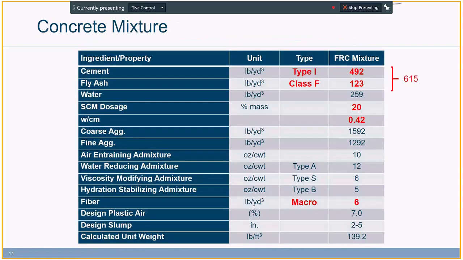This is the concrete mixture design that was used for construction of the FRC ring. The cementitious material content was 650 pounds per cubic yard, 20% of which was Class F fly ash. The design water cement ratio was 0.42, and 6 pounds per cubic yard of synthetic fiber was used in this project.